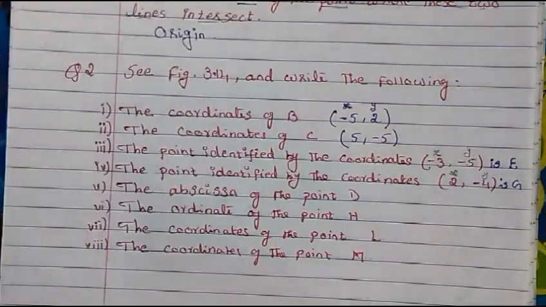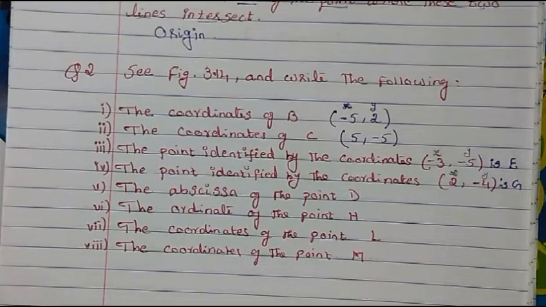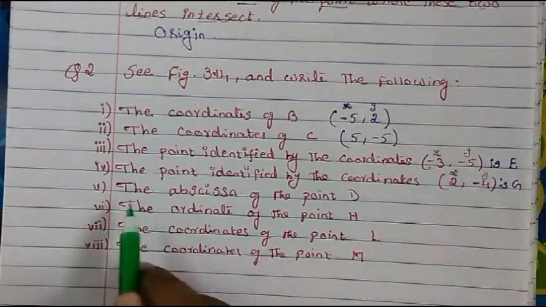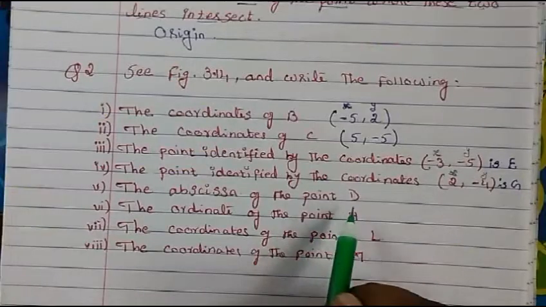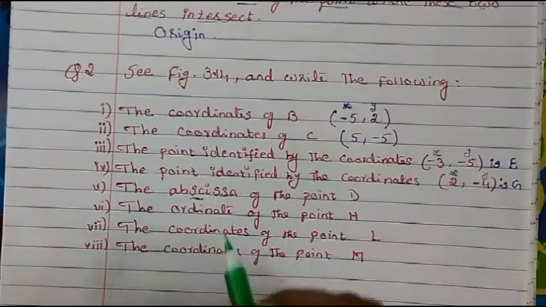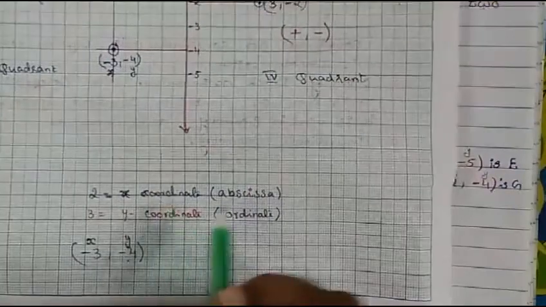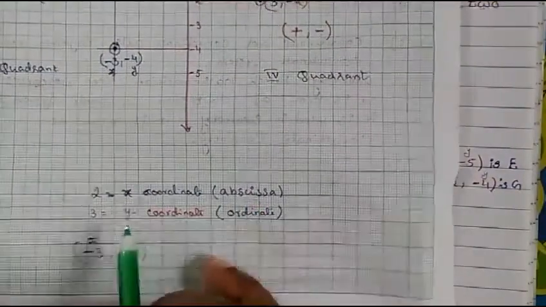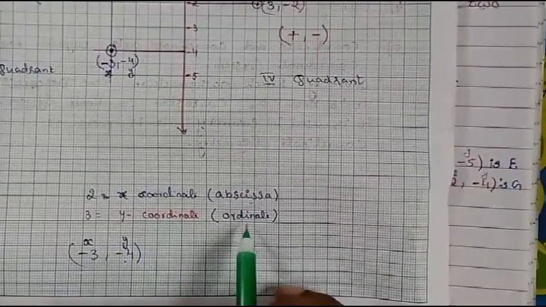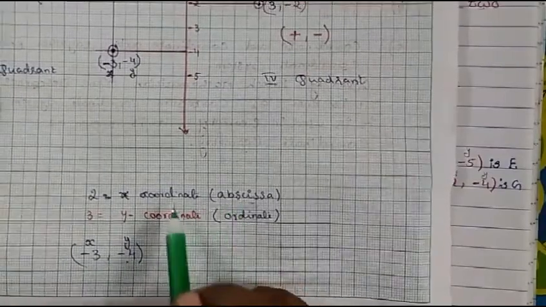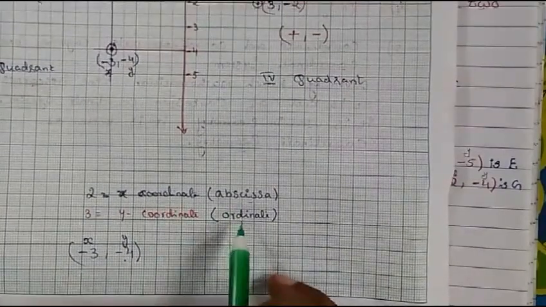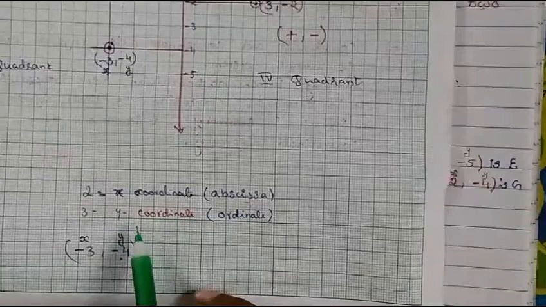So now next question: the abscissa of the point D. Abscissa meaning, what? In the introduction part I explained to you. The x coordinate is also named abscissa. The y coordinate we also call ordinate. So abscissa means x coordinate and ordinate means y coordinate.